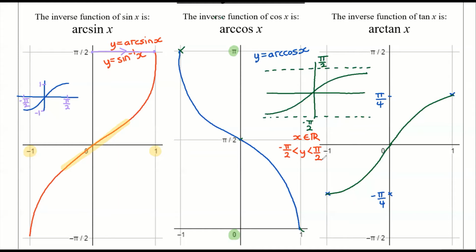For the arccos graph, your domain is restricted. So x has to be between -1 and 1, because that's the range of cos. But your range is going to run between 0 and pi inclusive. And back to the arcsine graph, your domain is the same as cosine.